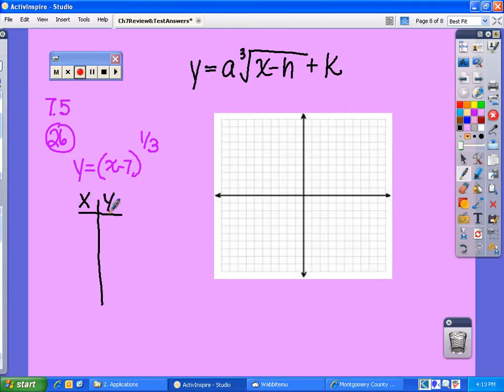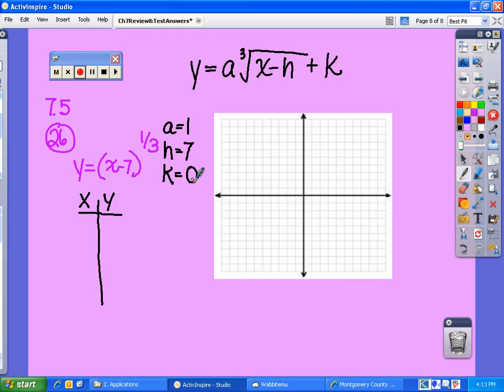In addition, we'll set up a data table, and this will give us all the information that we need. Notice, looking at our equation, that our a value is equal to 1, our h is equal to 7, and our k is equal to 0.